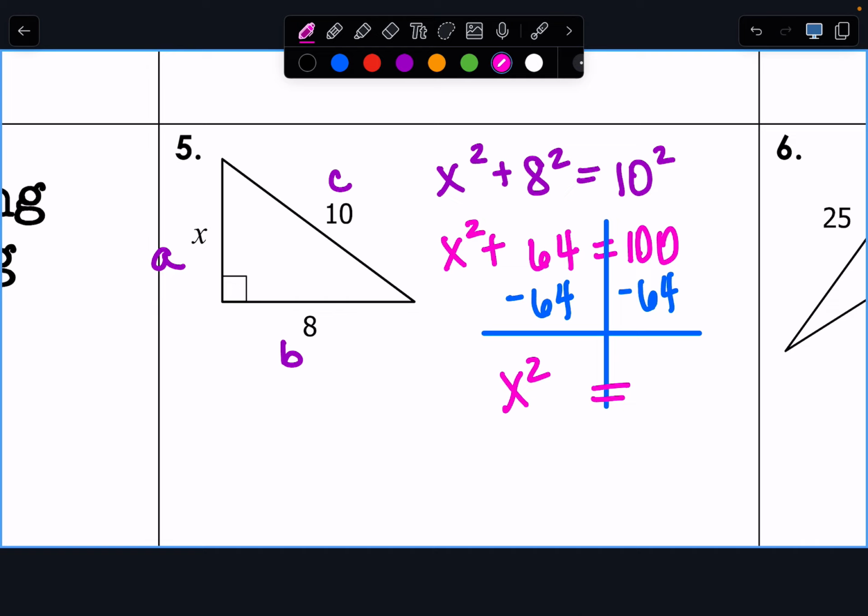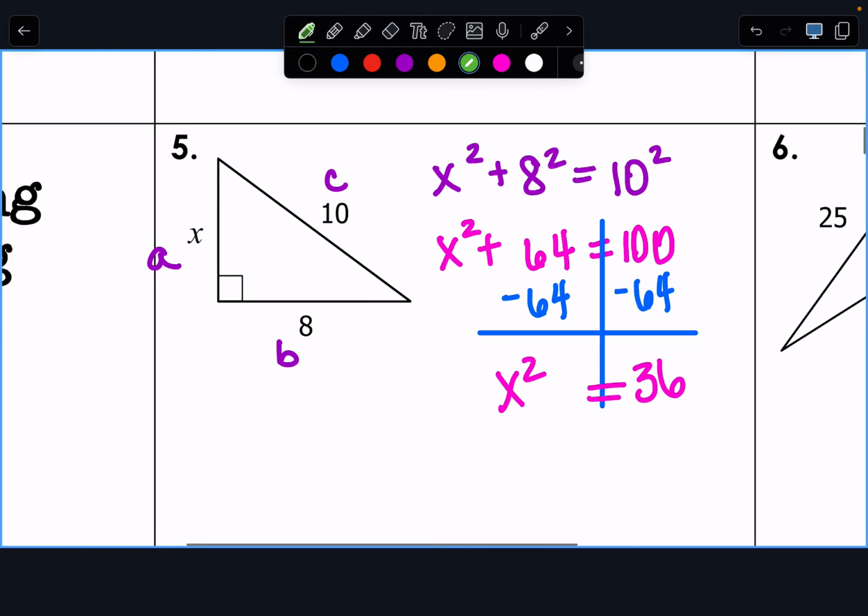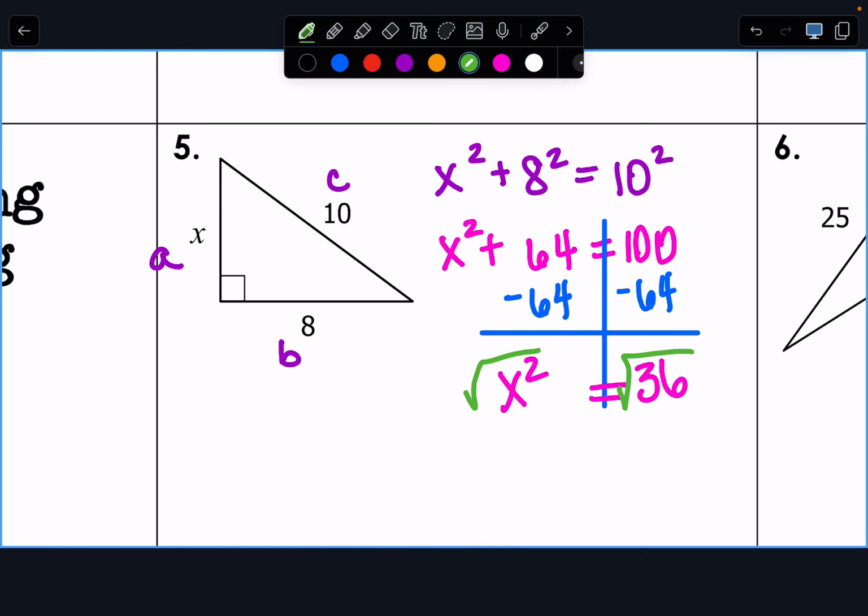What's 100 minus 64? 36. Okay. When we get x squared equals a number, we're going to square root both sides so we can get our answer. In this case, x equals 6.